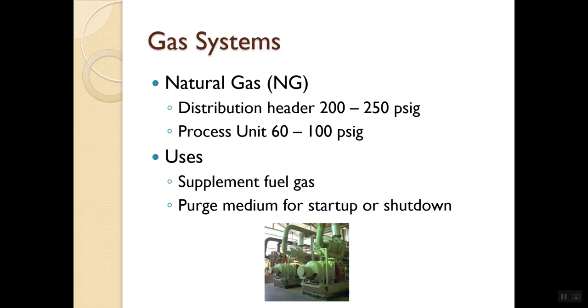Natural gas systems. We use natural gas systems. You'll see these in the labs. We use these to fire the boiler, to fire furnaces, to fire dryers. Anytime we need a lot of heat in a quick amount of time, natural gas works well for that. Clean burning. Years ago, we used a lot of coal, especially in this region.